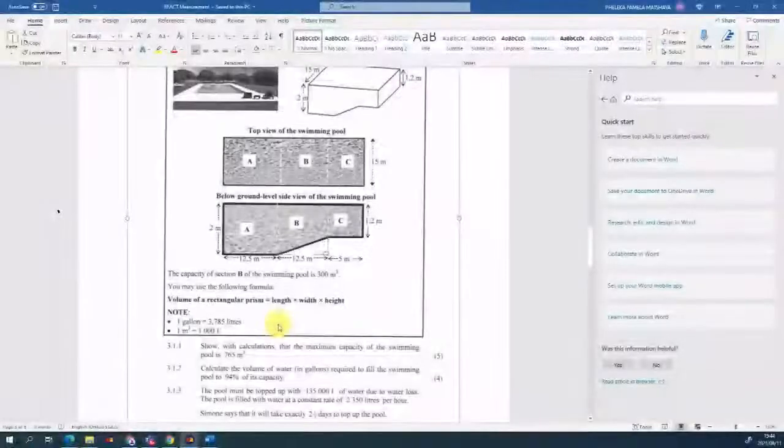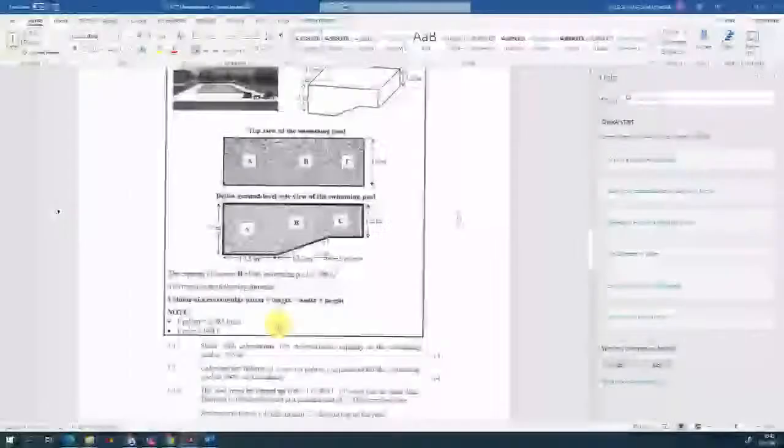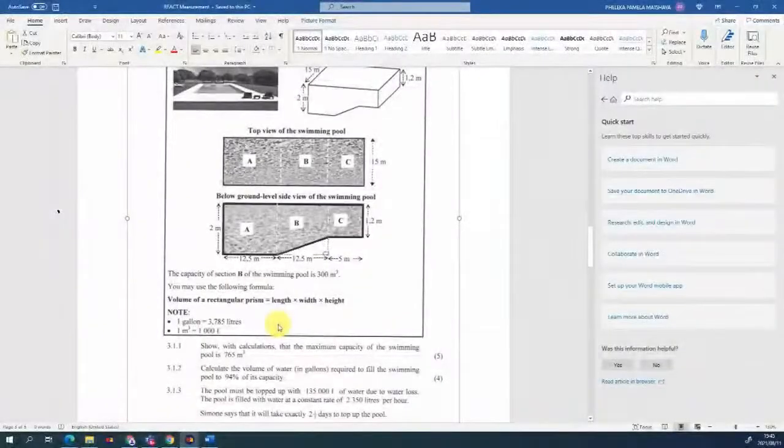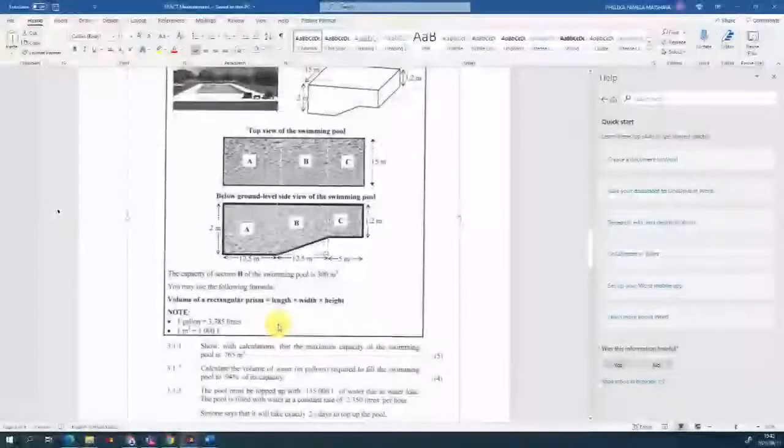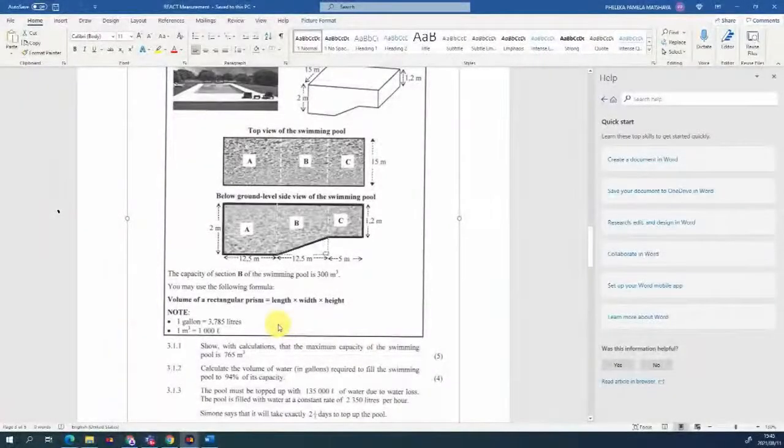If you can't finish it, then keep a space open and go to the next question that you can do. Or do it at the end of that question, but make sure that you number the questions correctly. We prefer to have the answers in order like 3.1.1, 3.1.2, 3.1.3.